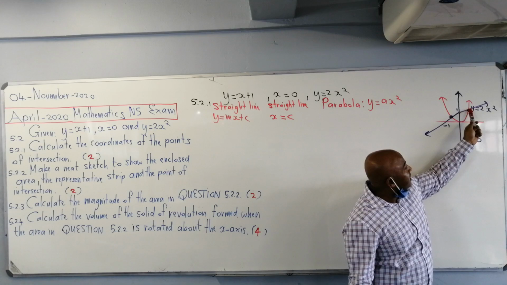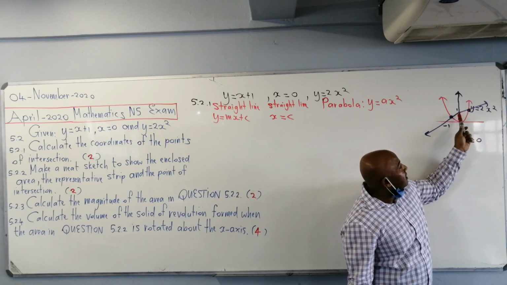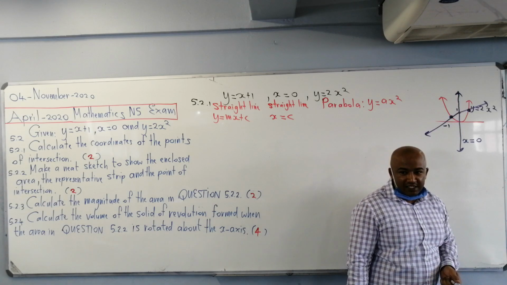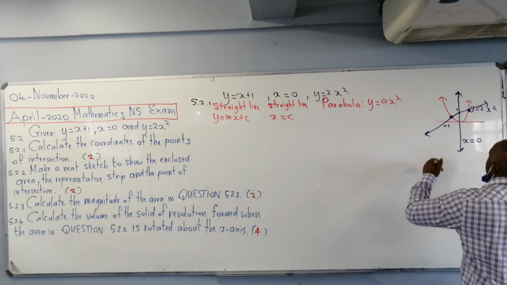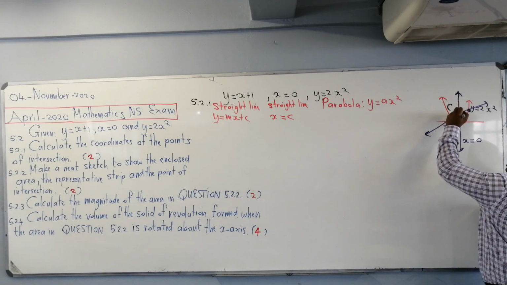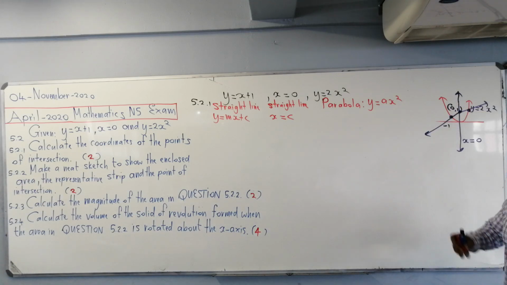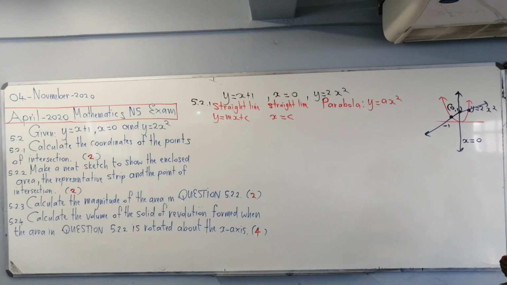There's another one here where the same graph is intersecting the parabola, and at this point here where the two straight lines intersect. This is also a point of intersection, which we already know the coordinates of. We know that here x is equal to 0 and y is equal to 1, if we actually find the y-intercept.